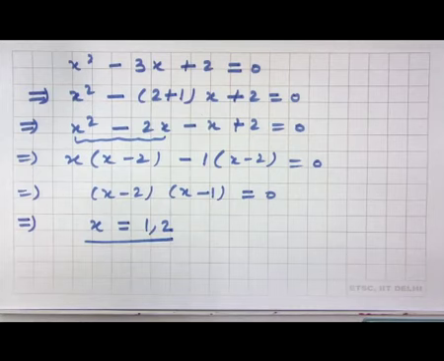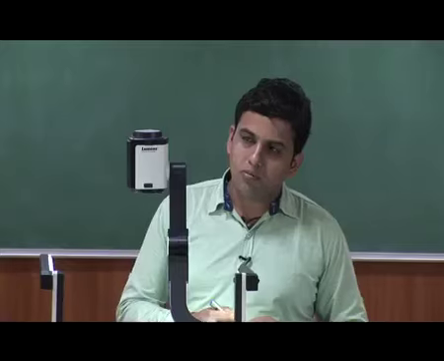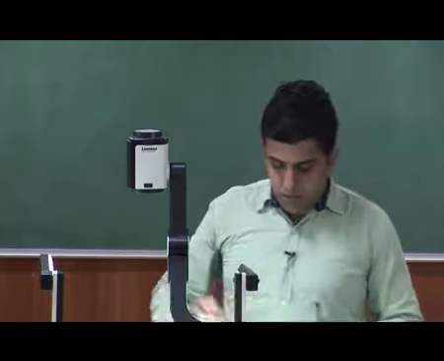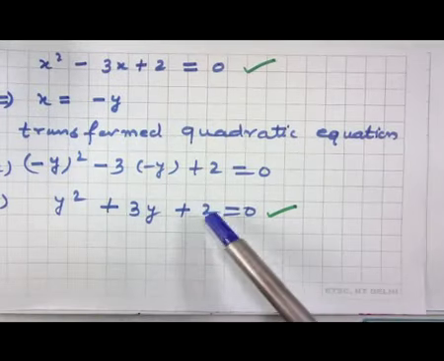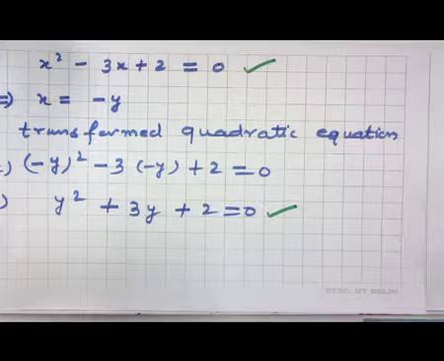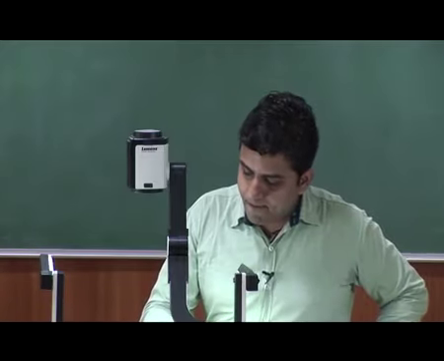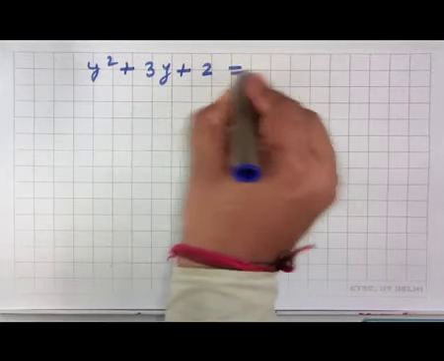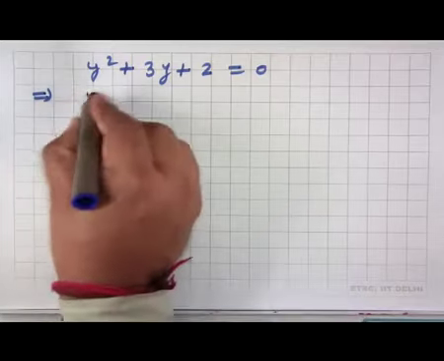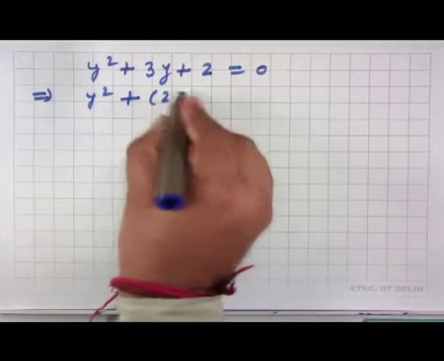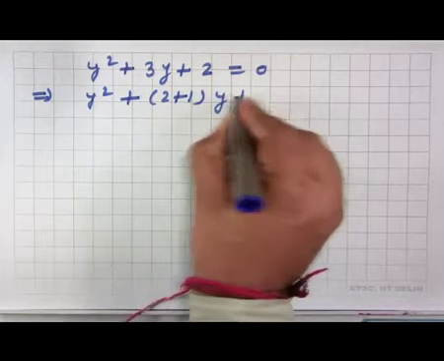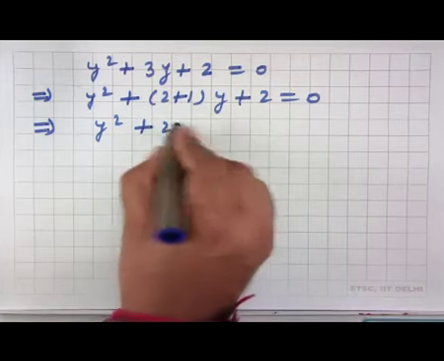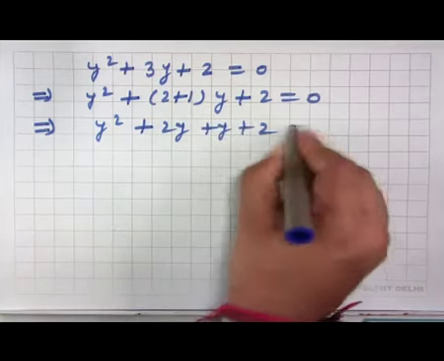Now, we shall find out the roots of the transformed equation, which is y square plus 3y plus 2 equal 0. Try to factorize it. y square plus 2 plus 1 of y plus 2 equals 0, y square plus 2y plus y plus 2 equal 0.